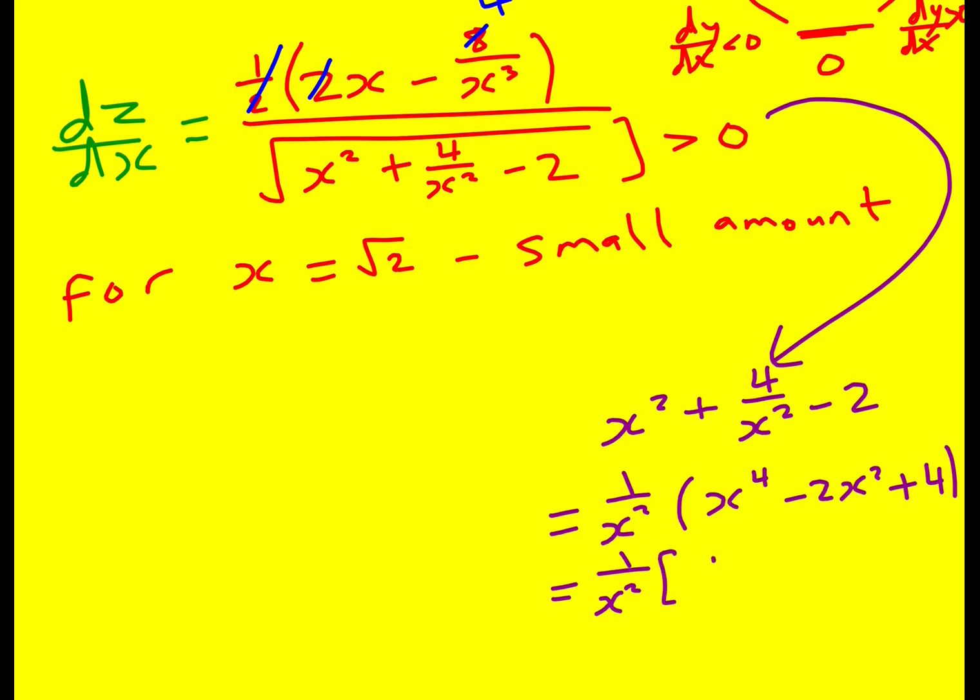And now I could actually sort of complete the square, but in terms of x squared, it would be x squared minus 1 squared. That will give me x to the 4 minus 2x squared. And then I need to minus 1 and plus 4. I'd get this. And you can see that this is always going to be greater than 0 because this is positive, this is positive. So actually, I think the minimum value would be 3, in fact.